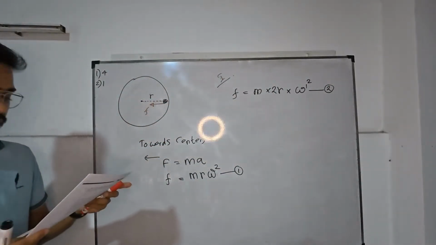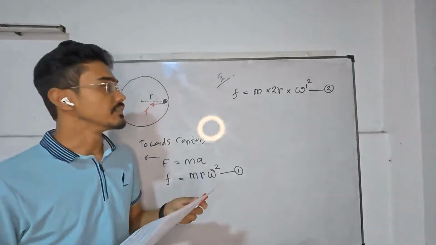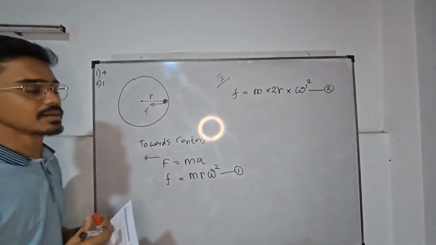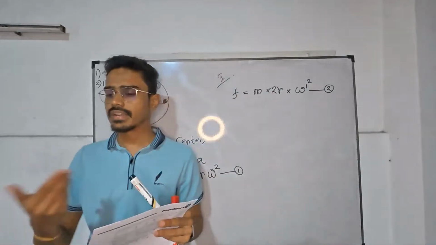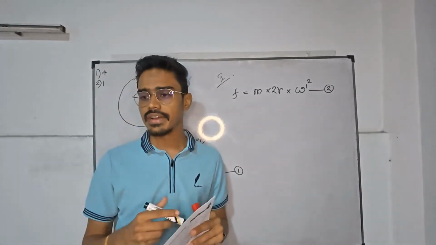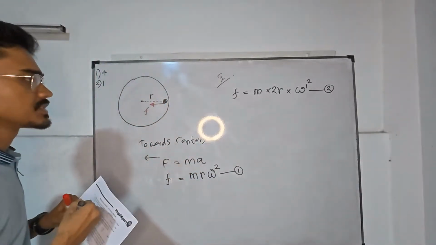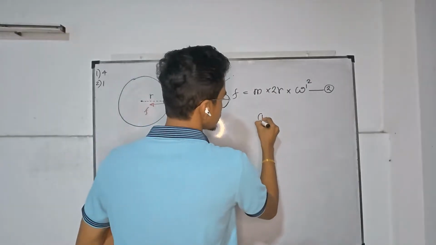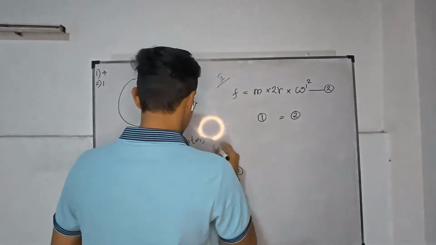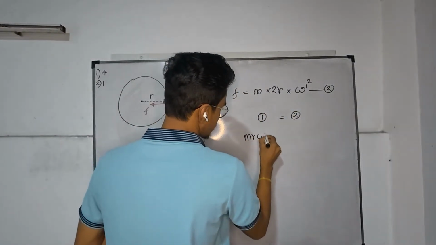Now, to find that velocity, we can equate these two. There are many options, either you can divide or you can equate. Anything is fine, so I'm going to equate these two. 1 equals 2. From 1, m r omega squared.